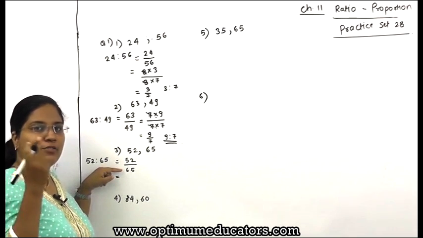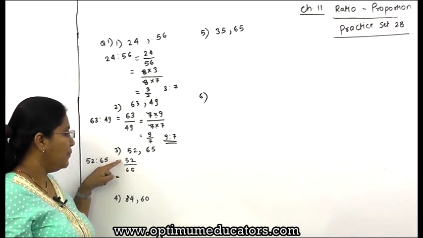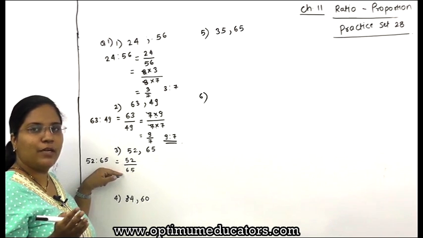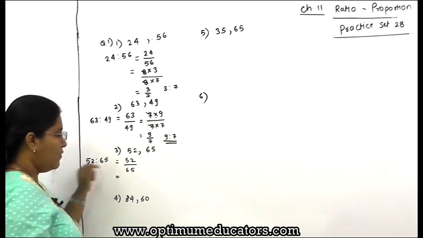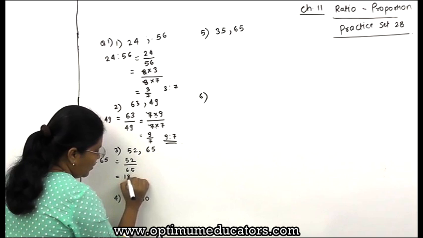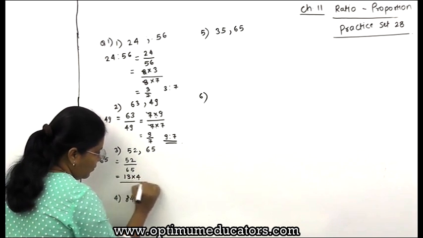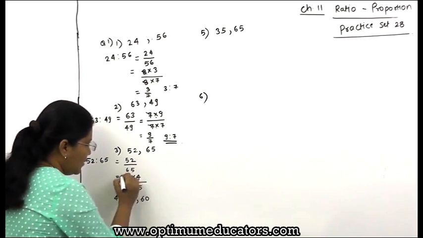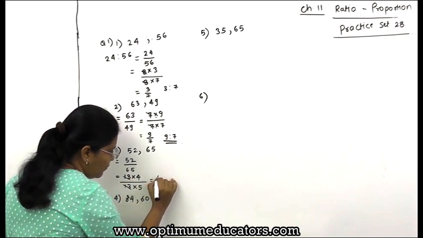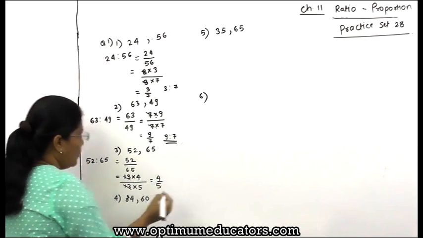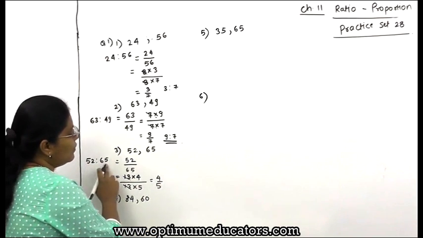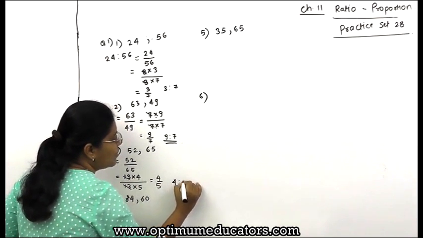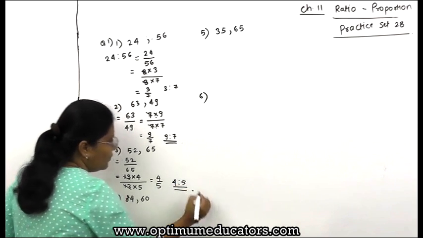So immediately it should strike in my mind that 13 fours are 52 and 13 fives are 65. 13 goes off. What remains is 4/5. So 52:65 is same as 4:5. Right?